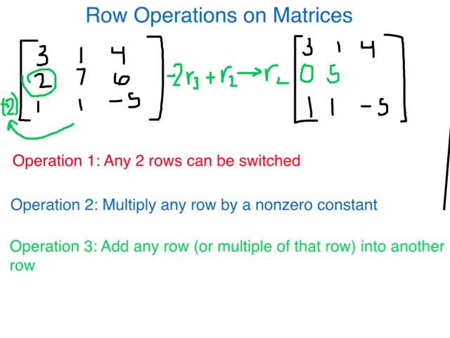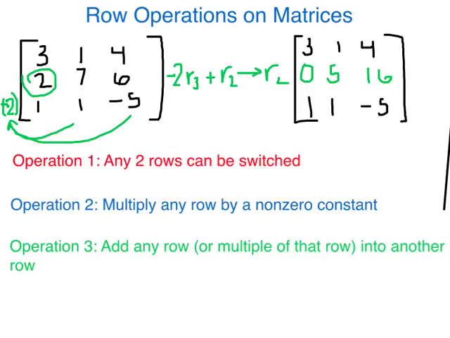Now the next one, -5. -5 times -2 is 10. 10 plus 6 is 16. So we used row 3 as a tool to change row 2. But in our final product here, we are not going to alter row 3 at all.